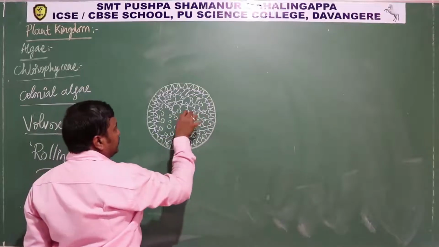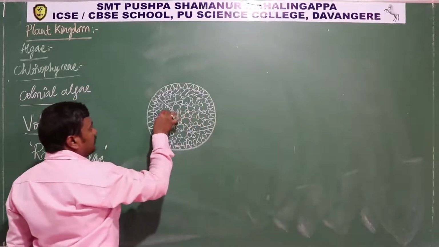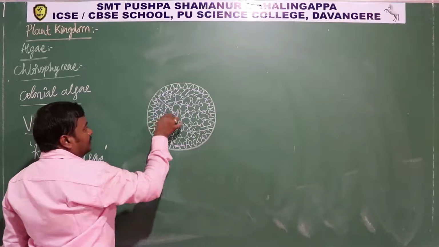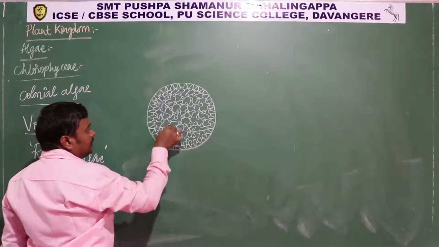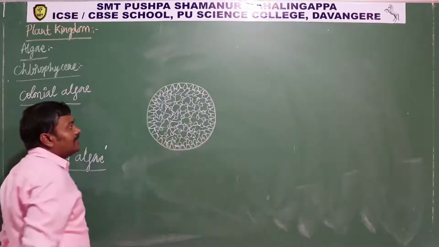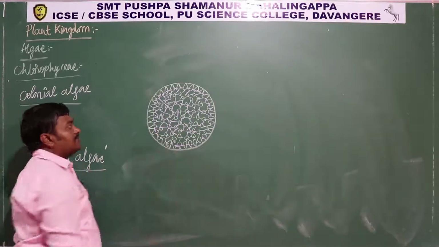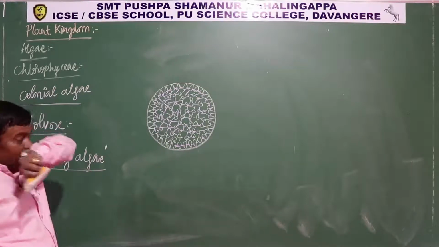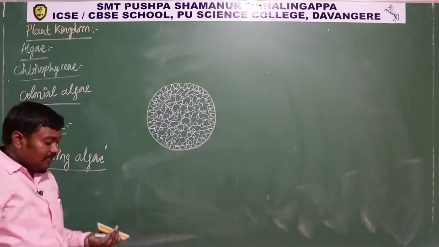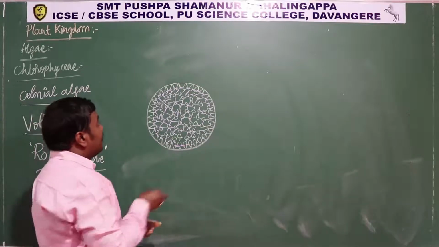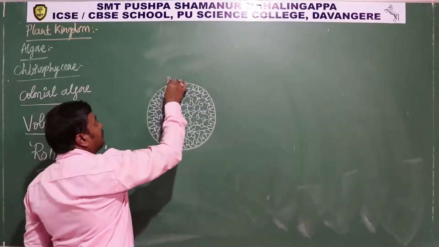They are interconnected through this cytoplasmic strand, and the number of cells present in this colony is different, and by counting them scientists are able to identify the species name. So itra cells eshtirutte adana count ಮಾಡಿ species name na ಹೇಳ್ತಾರೆ, and they have the flagella like this.